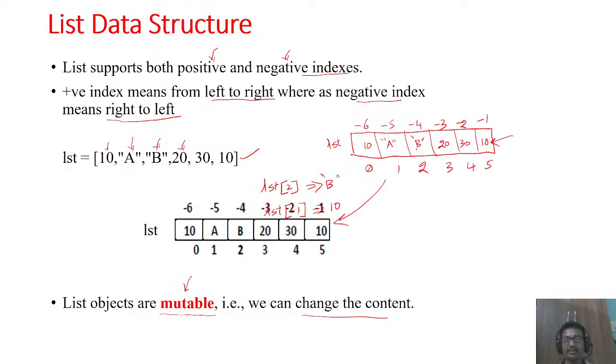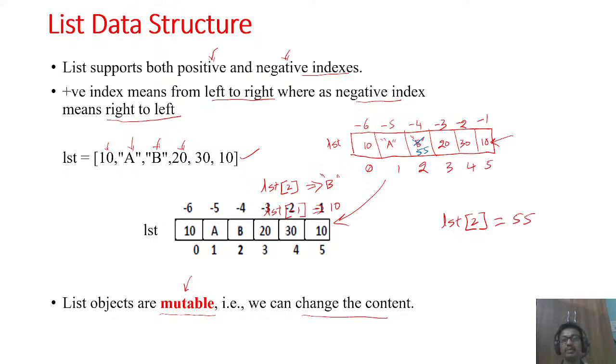For example, I want to replace this element b with some other number. I can access the list like this: list of 2 equals something like 55. Then what happens? This b is removed and 55 will be stored.